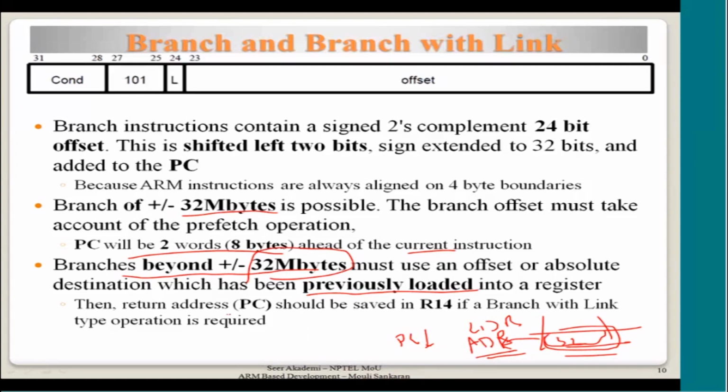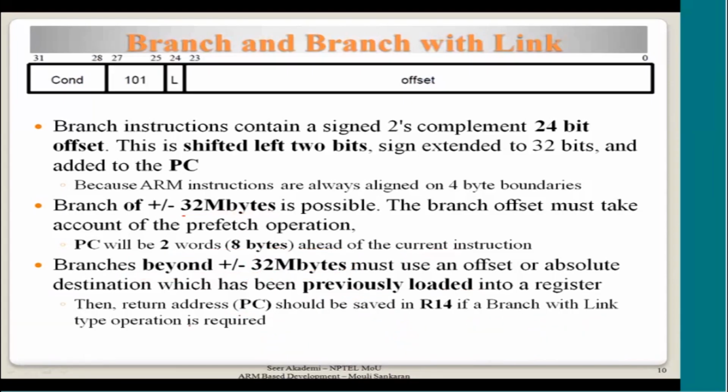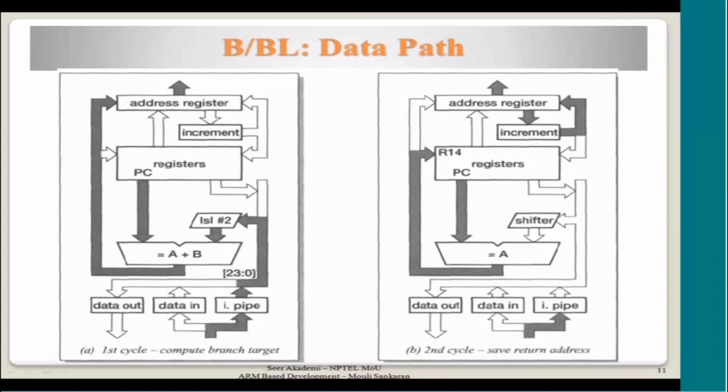These are all not to be done by us but by the tool, but still you should know what actually happens. Now is the interesting part of the instruction. How does the BL get executed? By now, based on whatever I explained, you should be able to understand clearly. The PC value, which is the current PC value, is coming through the A bus, and the offset is coming from here.